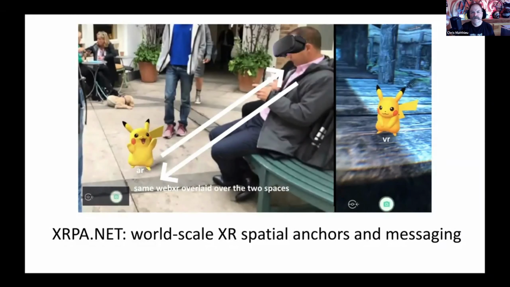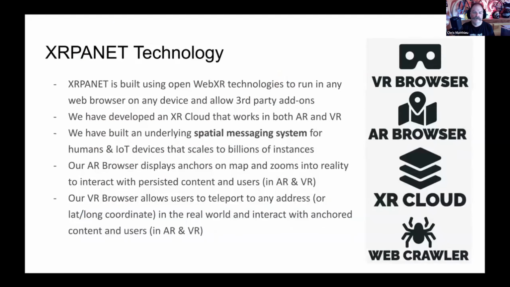If you're physically there, you have a map with anchors pinned on the map that you can zoom in and see in the real world. And if you've got people both in AR and in VR, you can collaborate and connect as avatars in both the VR and AR space. So I'm going to walk you through how all of this works together.